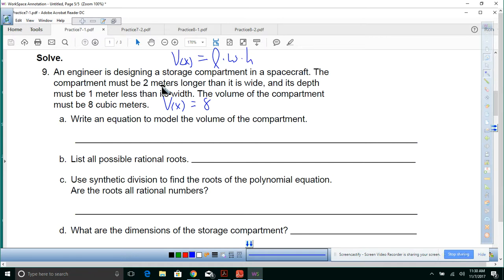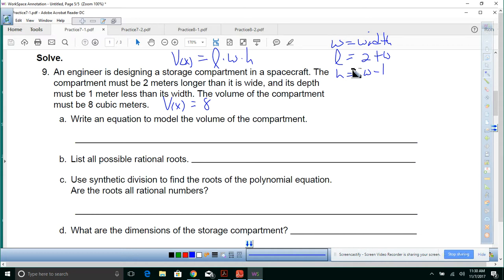All right. So the compartment must be 2 meters longer than it is wide. So W equals the width, and then the length is going to be 2 plus W, and its depth or height must be 1 meter less than its width. So the height is W minus 1.